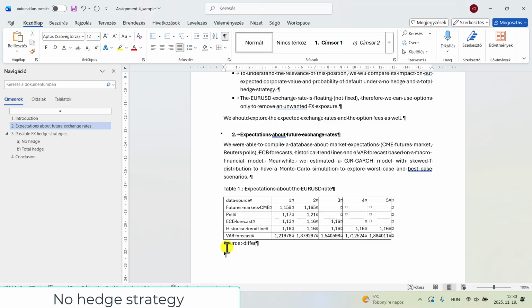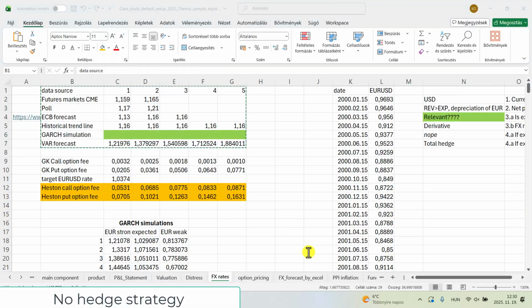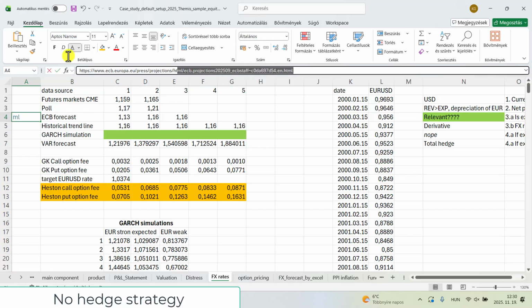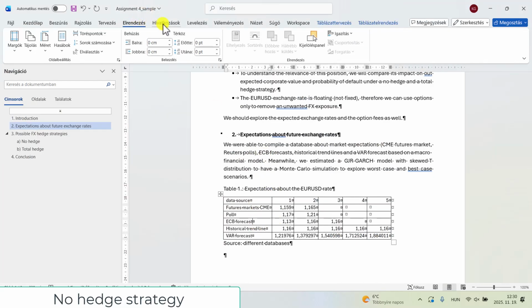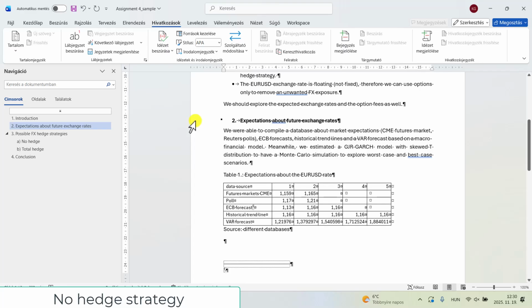Different databases. So all what you can see here. For the ECB, I even put here the link as a footnote.